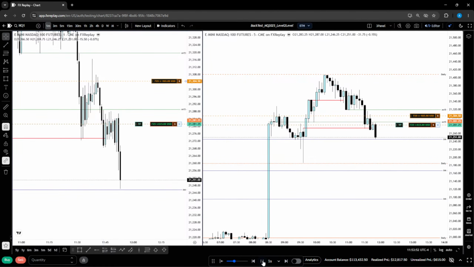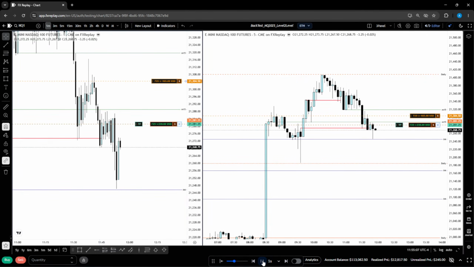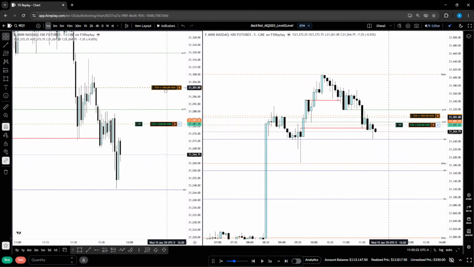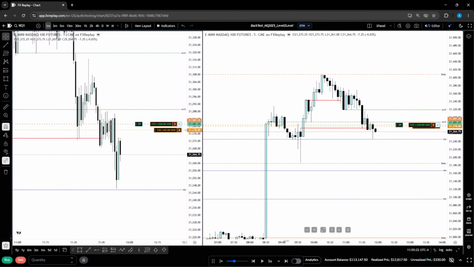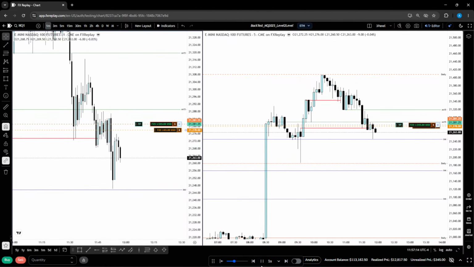That'll be the first level. We'll see if we go lower. Should have taken a trade off over here as always, but I forgot. It's too fast.